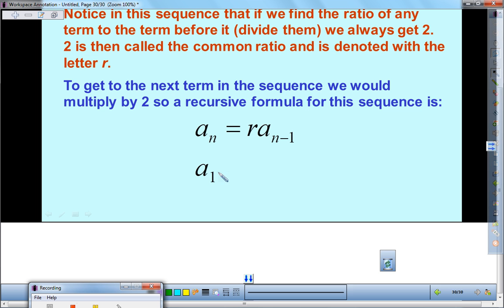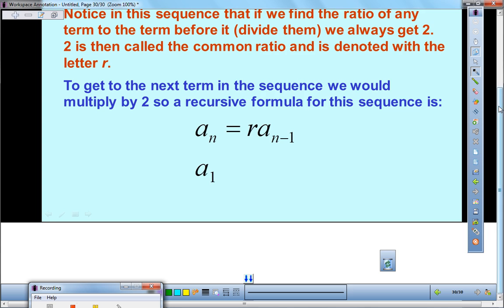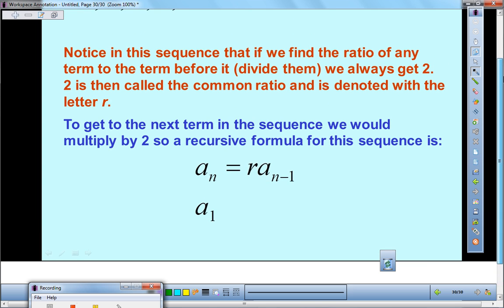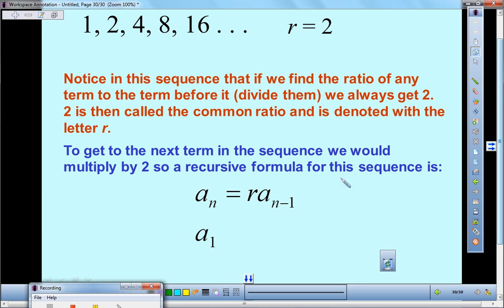In this case, we would simply substitute in for our common ratio and a sub 1. So our recursive formula here would be a sub n is equal to 2 times a sub n minus 1, and then we list that a sub 1 is 1.